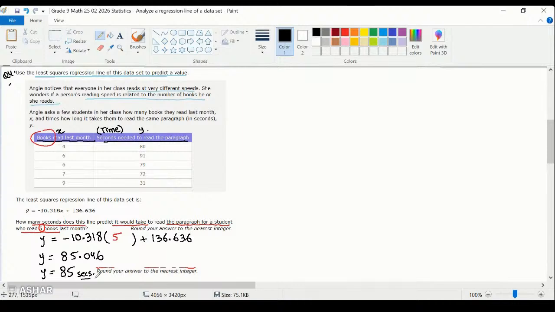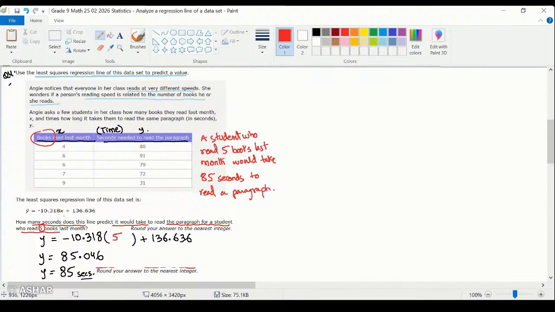Seconds. Okay, so what will be the prediction? A student who read 5 books last month would take 85 seconds to read a paragraph.